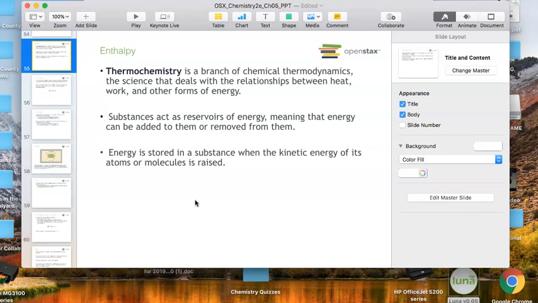So we know thermochemistry is a branch of chemistry dealing with thermodynamics, which is a relationship between heat, work, and other forms of energy transformations that happen during chemical reactions, or it can even happen during physical changes, not just chemical changes. Substances act as reservoirs of energy, meaning that energy can be added to them or removed from them.